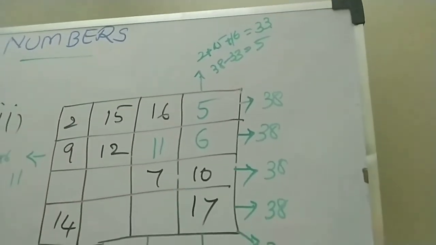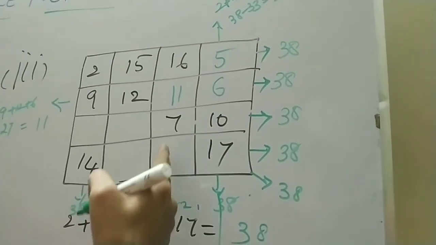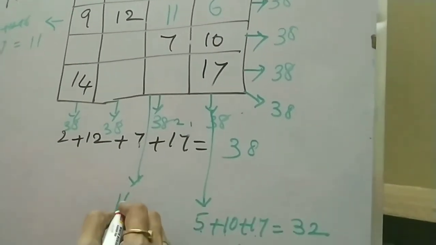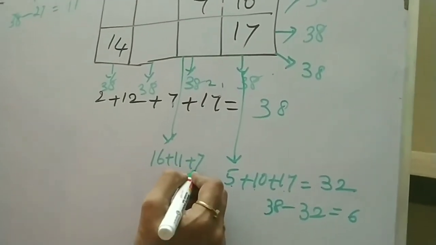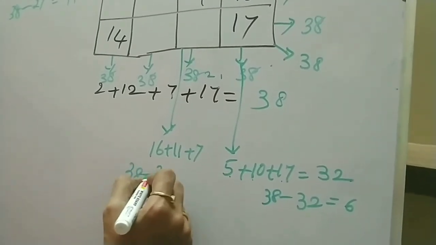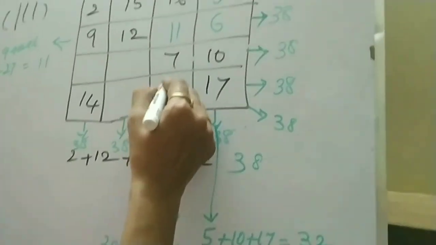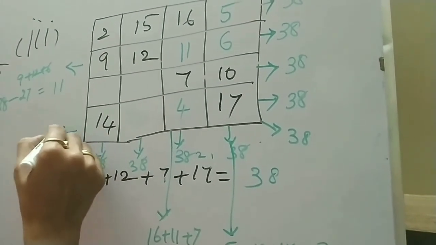Your answer here is 11. After that, see this line: 16 plus 11 plus 7. How much? 27 plus 7, 34. This must be subtracted from 38. Your answer is 4.